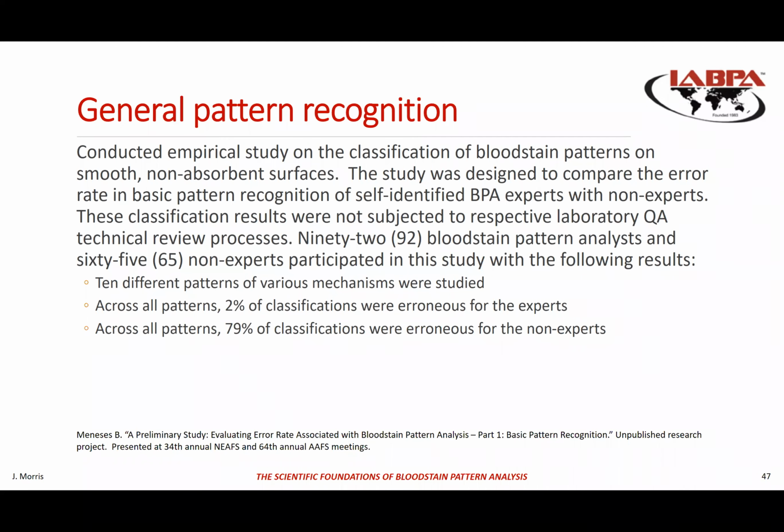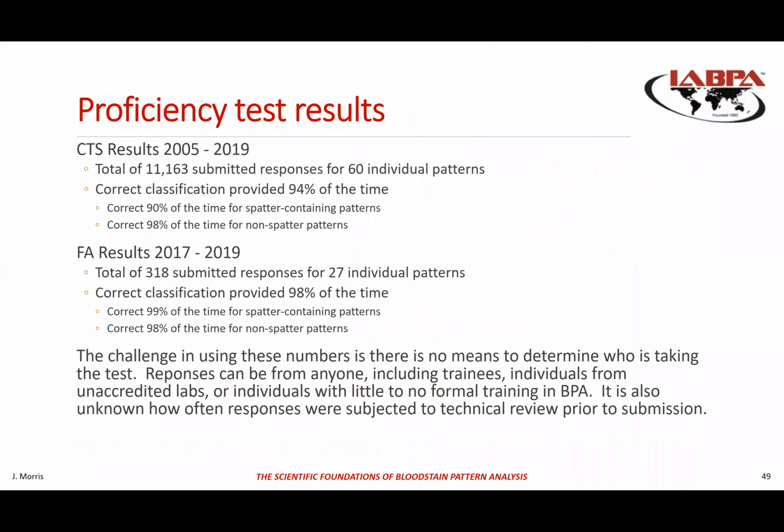For the experts, 2% of the time, they got the wrong conclusion. But for the non-experts, the false rate was 79%. So here we have another difference on training and education, but it's looking at all different pattern types. We can see that when all different pattern types are examined, the rate of false conclusions was 2%.